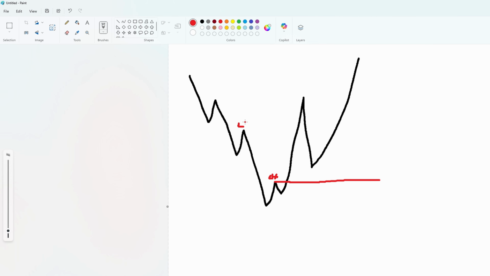So these are all lower highs. So we're making another lower high, and then we come back down to make a higher low, then confirming that we are starting a new trend, right? We're going in a different direction.